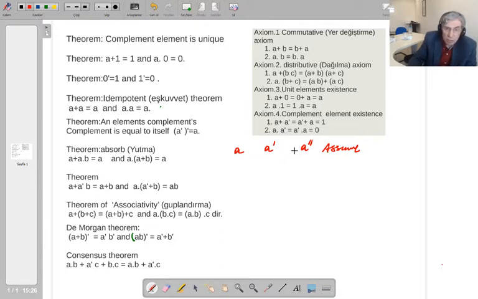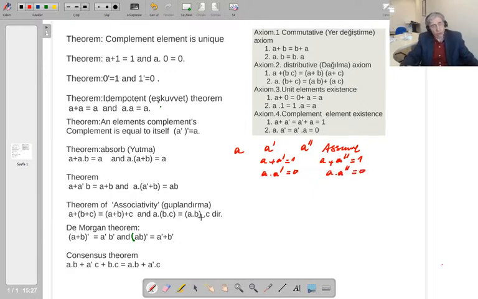Under this assumption, by using the axioms, I can say that A plus A prime is equal to 1 and A times A prime is equal to 0, because these are the axioms, isn't it? If A prime is the complement of A, these two are true. If A double prime is the complement of A, then this is also true, according to these axioms.